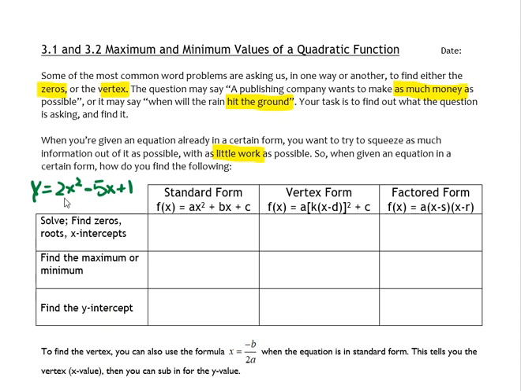If you have a question in standard form, how would you solve? Which means find the zeros, the roots, the x-intercepts. Well, one thing you could do, if possible, is factor it using those trinomial methods we talked about in the last chapter.